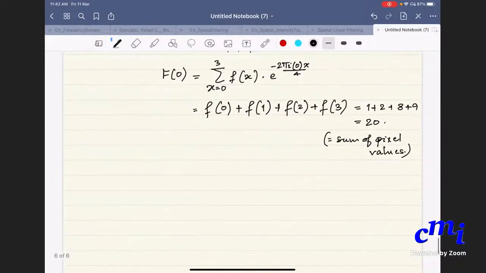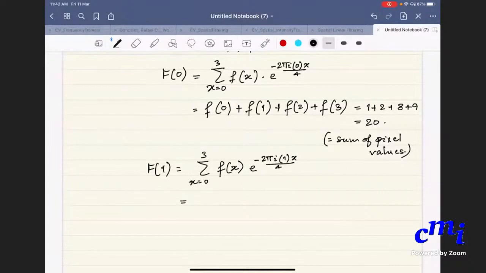All right. Now we can calculate capital F(1) in a similar manner. Summation f(x) e raised to minus 2 pi i 1 x divided by 4, x going from 0 to 3.